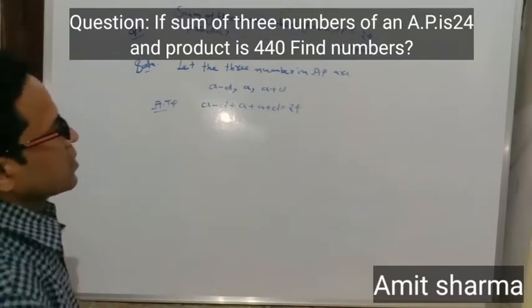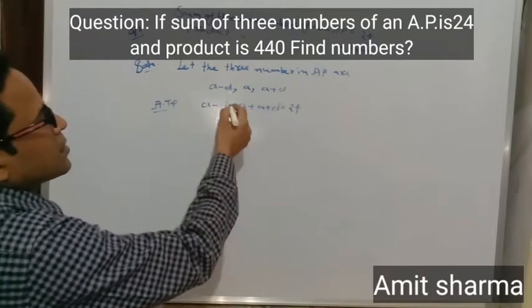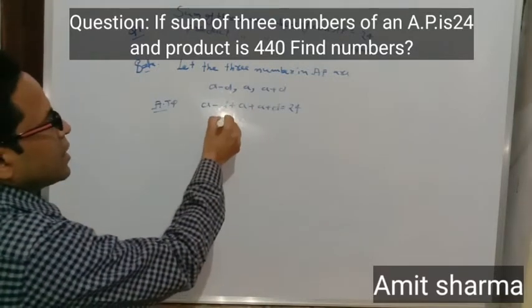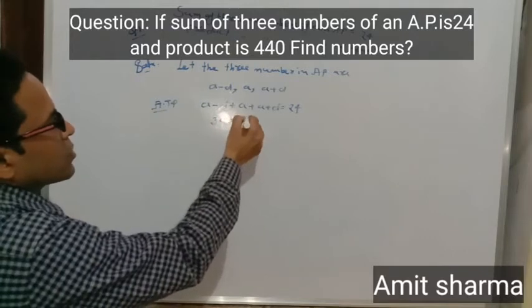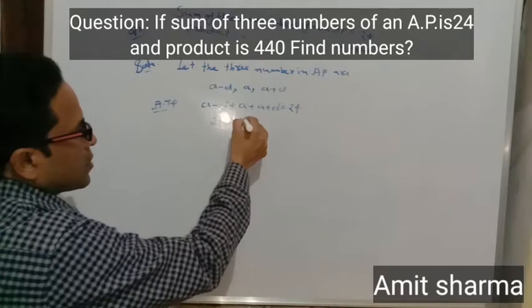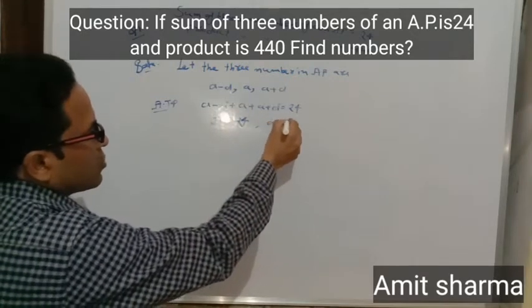Okay, now the d's cancel out, you get 3a equals 24. 3 cancels with 24, you get a equals 8.